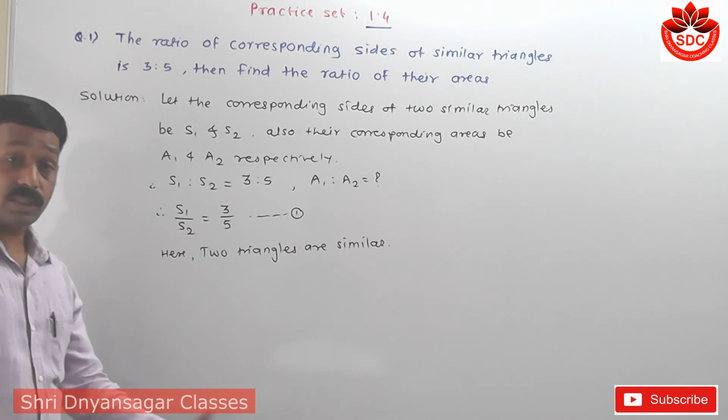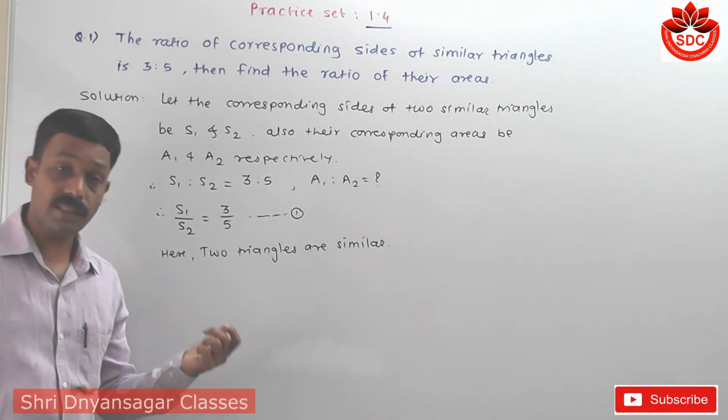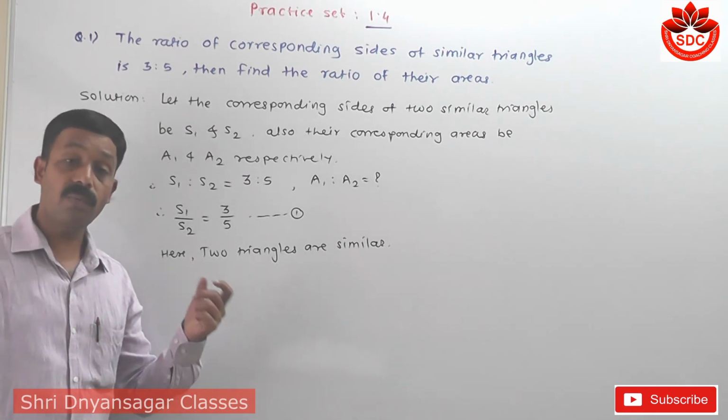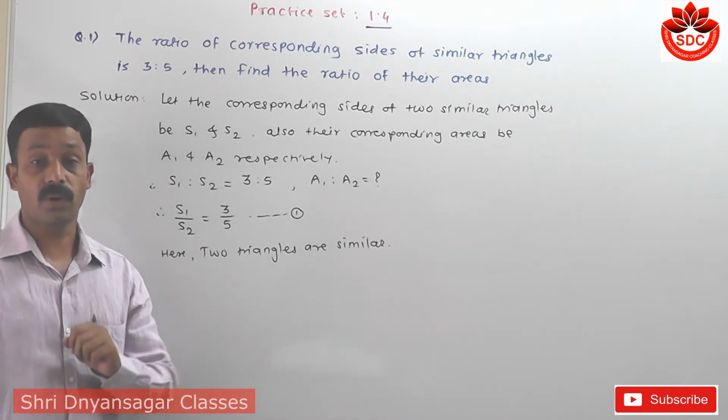Therefore, by using the theorem of areas of similar triangles: if two triangles are similar, then the ratio of areas of these two triangles is equal to the squares of their corresponding sides.